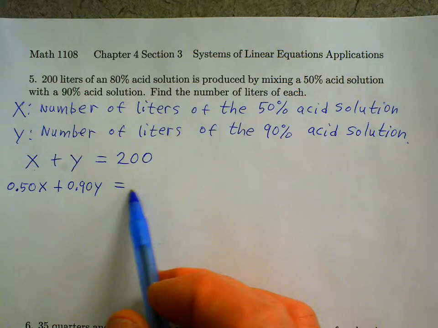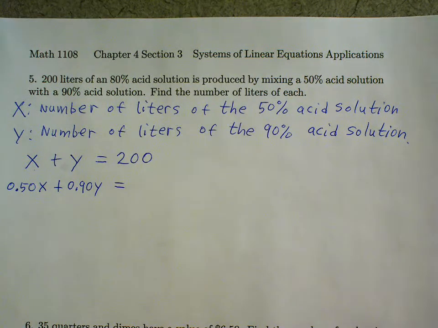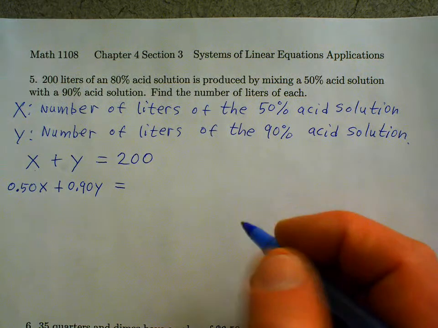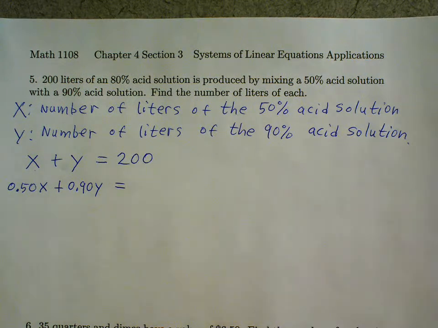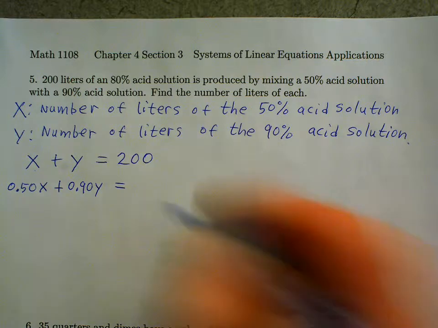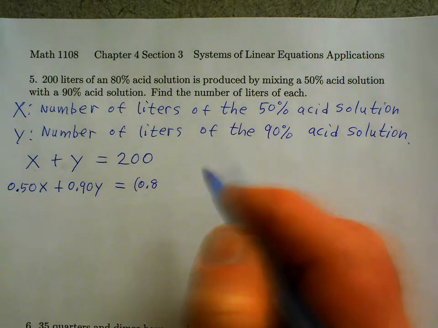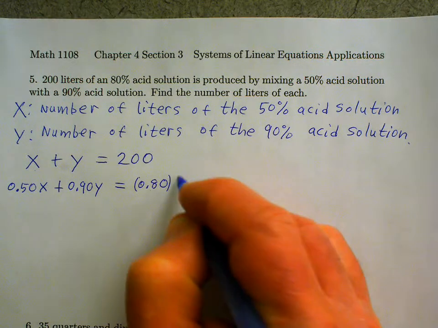Okay, so what should I write on the right-hand side? 0.8 times 200. Yeah, 0.80 or 0.8 is okay, but I'll go ahead and write 0.80 times 200.